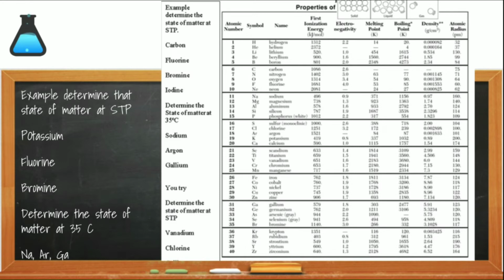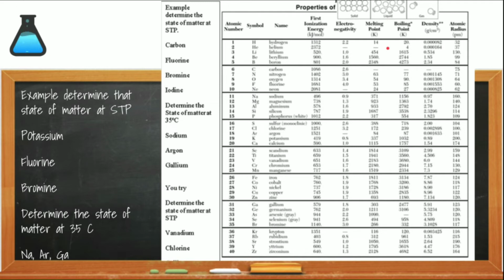So we know that if the given temperature comes before the melting point, then the substance has not melted and it will be a solid at STP. If the substance has STP or 273 Kelvin fall between the melting point and boiling point, then the substance will be a liquid.